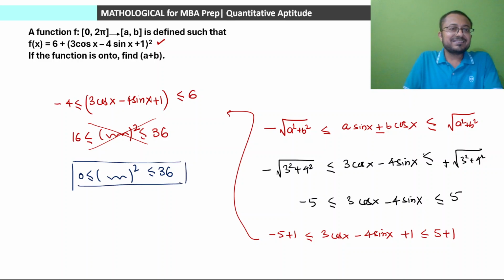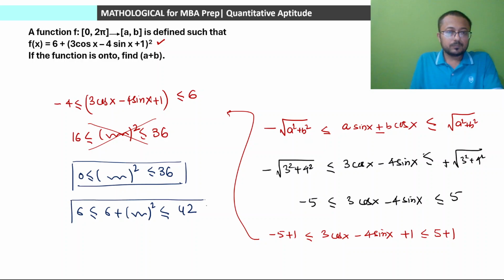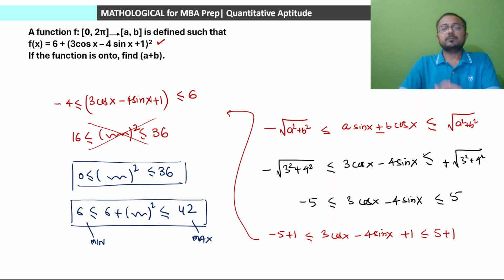एंड एडिशनली हमें चाहिए 6 प्लस दिस होल स्क्वायर, तो 6 ऐड कर दो पूरे एक्सप्रेशन में. तो दिस विल बी बिटवीन 6 and 36 plus 6, that will be 42. So minimum value will be 6 and maximum value will be 42. Minimum value of the expression fx will be 6 and maximum value of the expression that will be 42, and hence minimum value will be equal to a and maximum value will be equal to b.